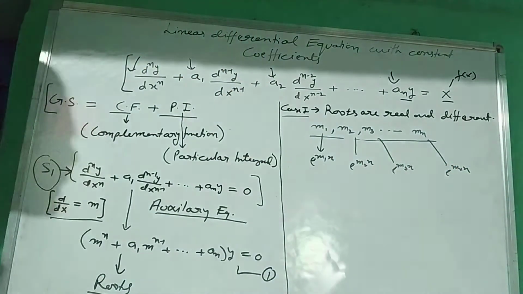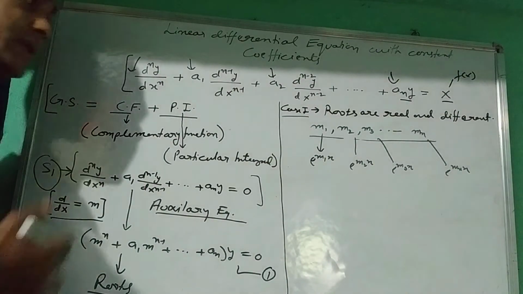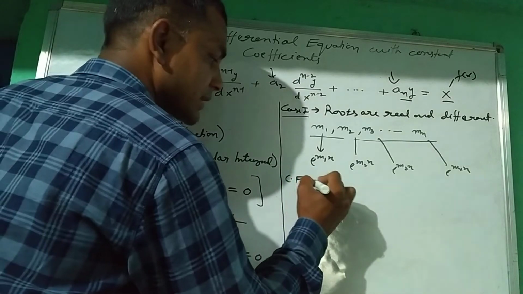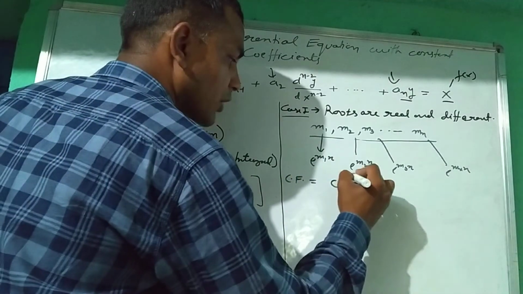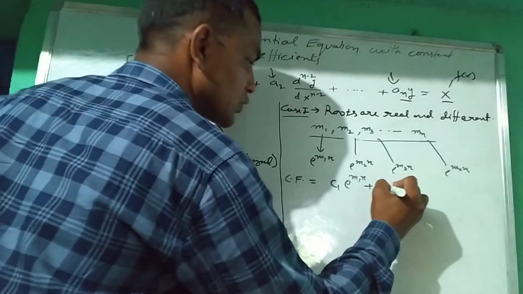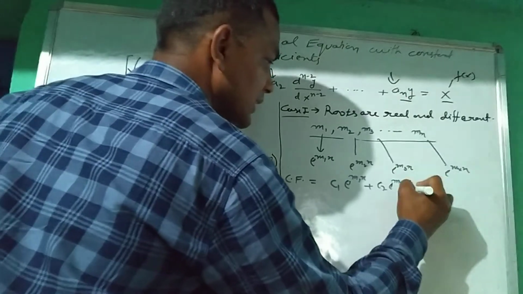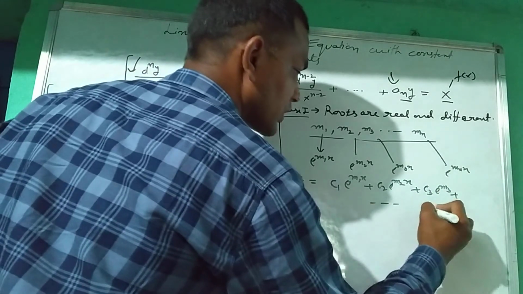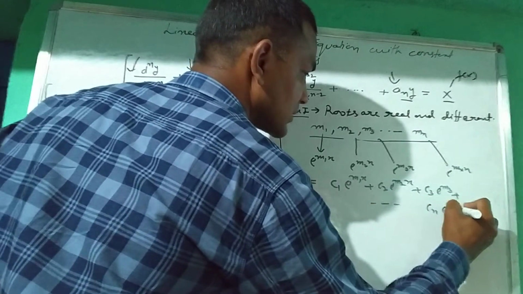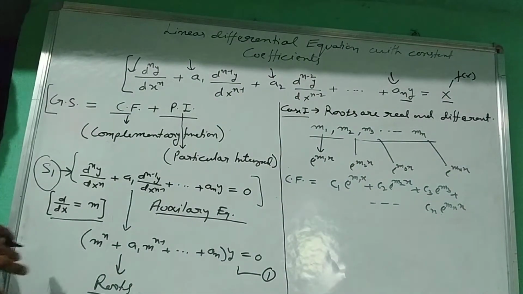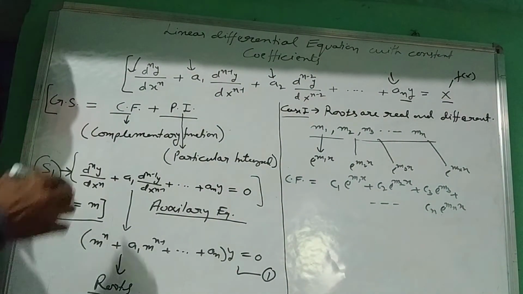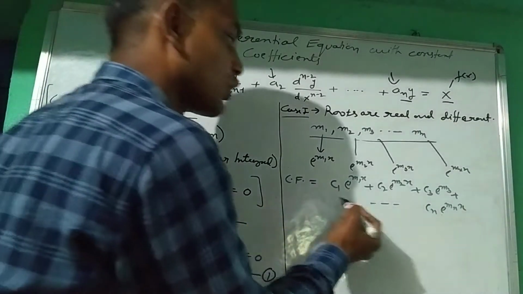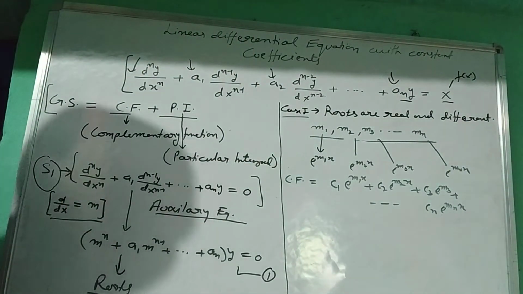Now the complementary function of this equation is c1 e to the power m1x, plus c2 e to the power m2x, plus c3 e to the power m3x, and so on, plus cn e to the power mnx. This is for an equation of nth order, so we have n constants in the complementary function.